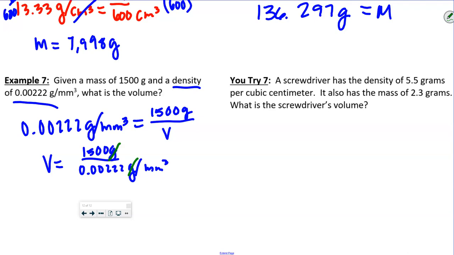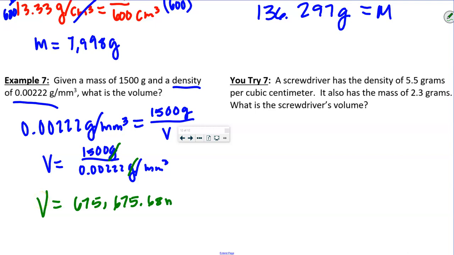Okay, so that's going to leave us our millimeters cubed. So we're going to divide the 1,500 by the 0.00222. It's going to be a pretty big number. So the volume is going to be equal to 675,675.68. And again, this is going to be millimeters cubed.